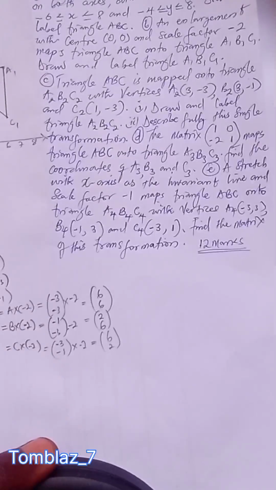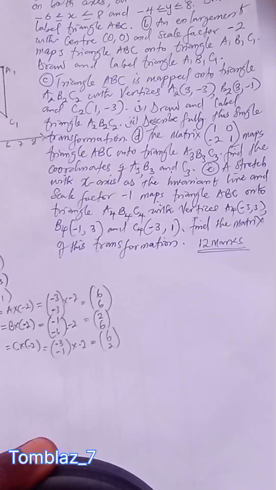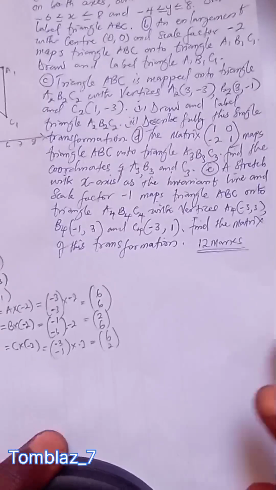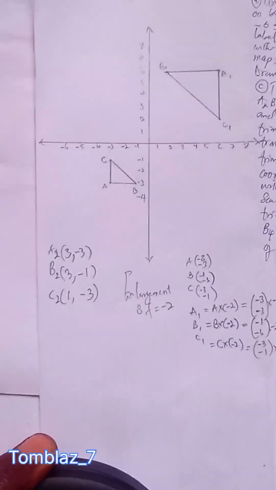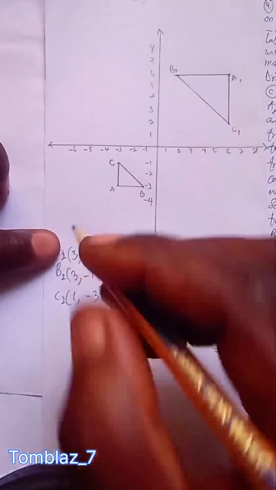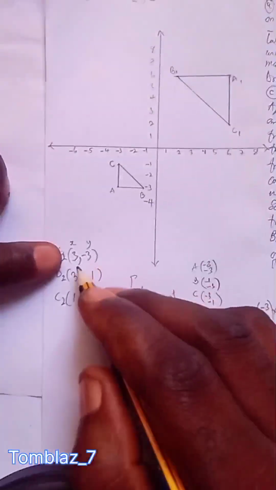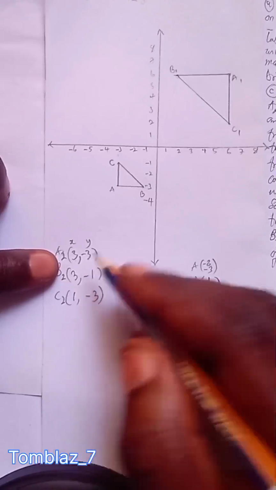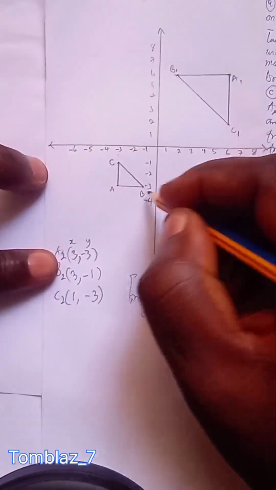So they said we should draw and label triangle A2, B2, and C2. Okay, so let's use these vertices to draw it. So here x is, recall that this is x and y. So x is positive, y is negative. So plus is here, negative is here.